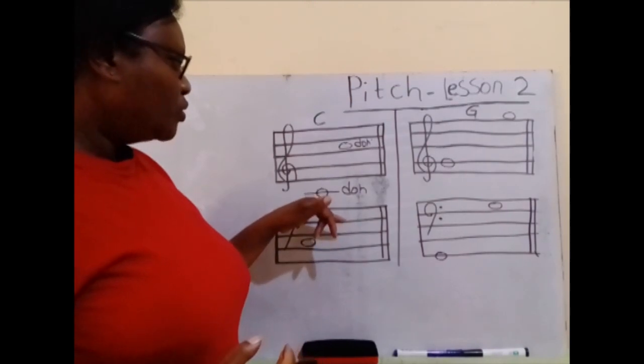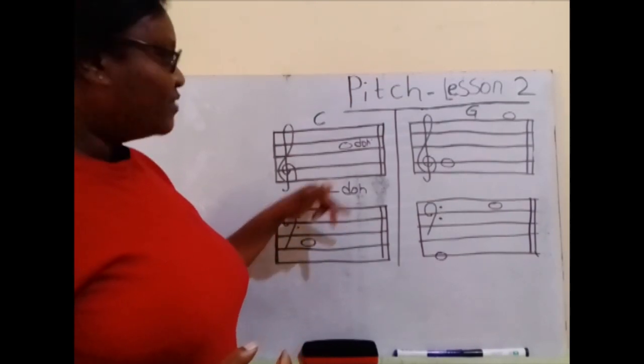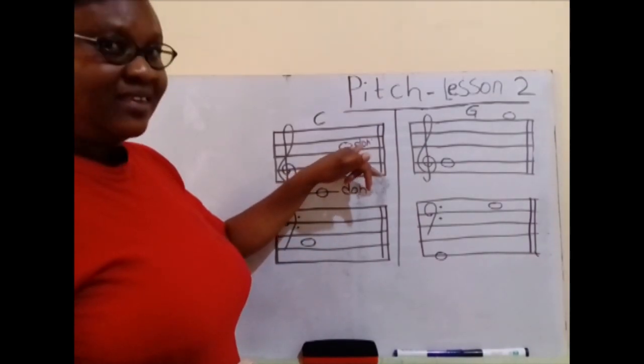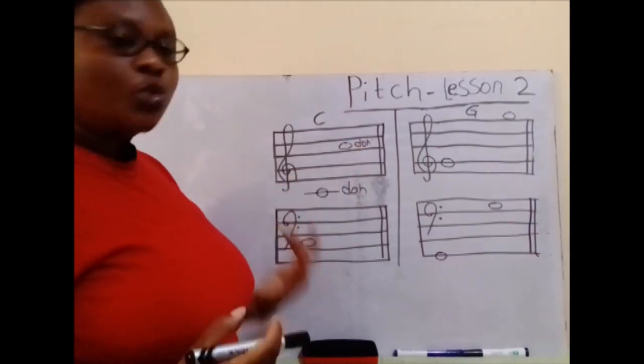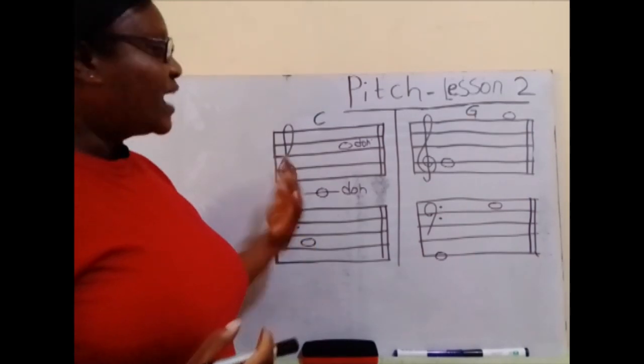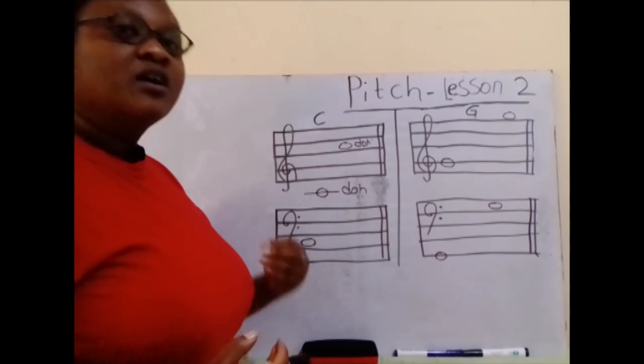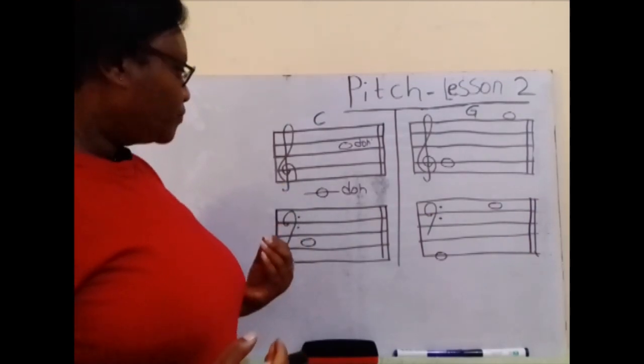This Do will be lower than this one because this is an octave high. That is what we mean by pitch. The highness or lowness of a note or a sound.